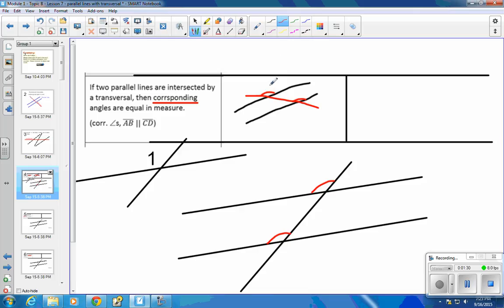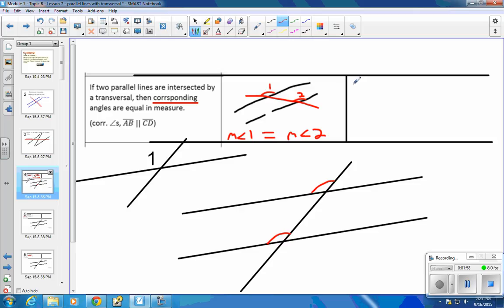And if I give those a number, so this is like angle 1 and this is angle 2, I can say the measure of angle 1 is congruent to, congruent meaning the same measure, the measure of angle 2. Actually, if I say the measures, then I would be saying that they are equal. So let me put that as equal. The measures of them are equal to each other.